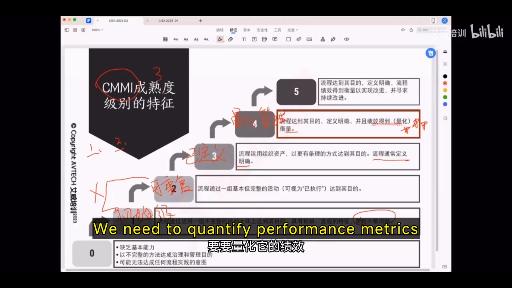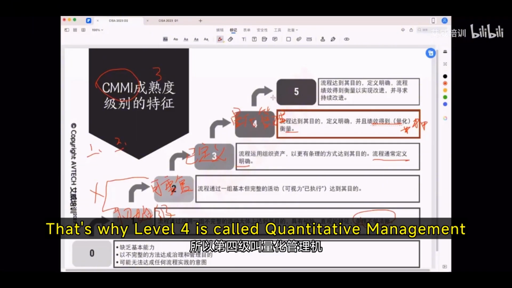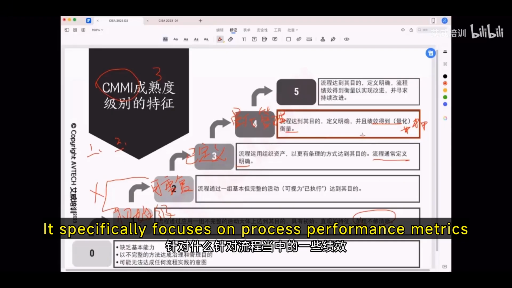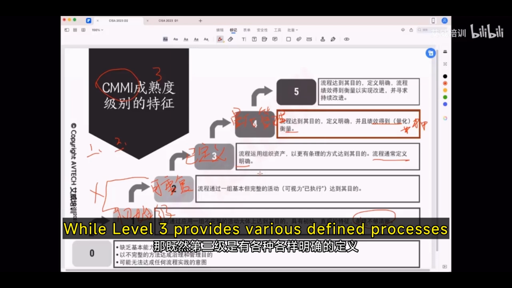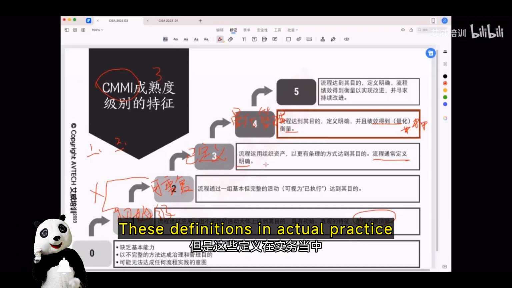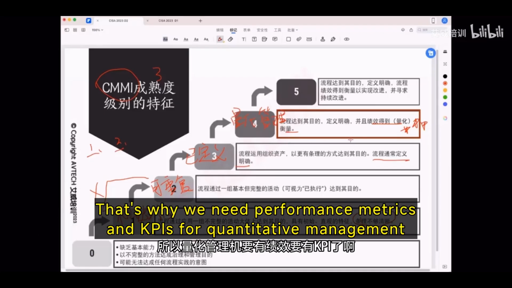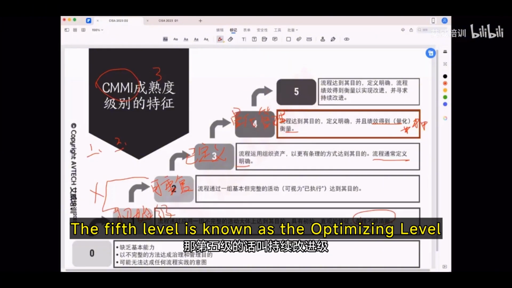We need to quantify performance metrics and measure process efficiency, right? That's why level 4 is called quantitative management. It specifically focuses on process performance metrics, while level 3 provides various defined processes. These definitions in actual practice, how does it work in real practice? That's why we need performance metrics and KPIs for quantitative management.